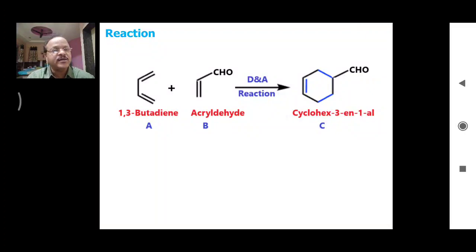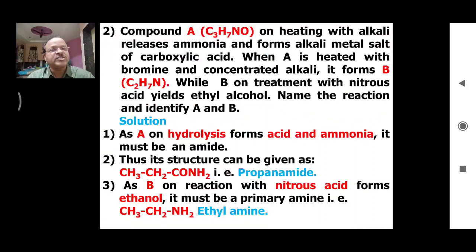What about the third double bond? The third double bond is not visible here, but this ring itself counts for 1 double bond. A ring is equivalent to 1 double bond, remember this point. So this is the first problem, which is based on the Diels-Alder reaction.